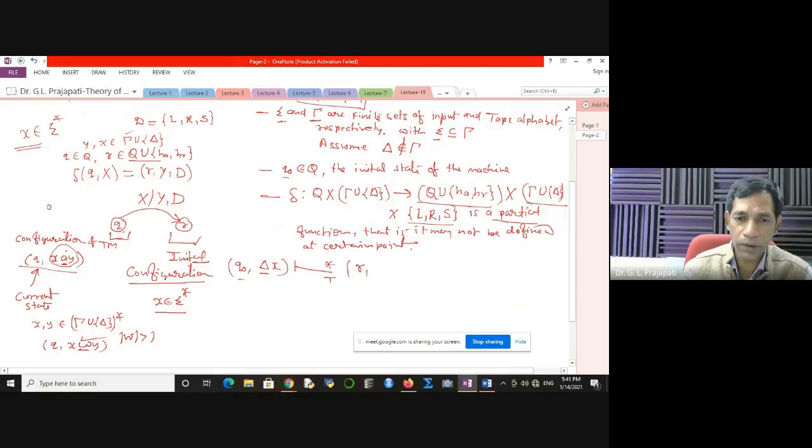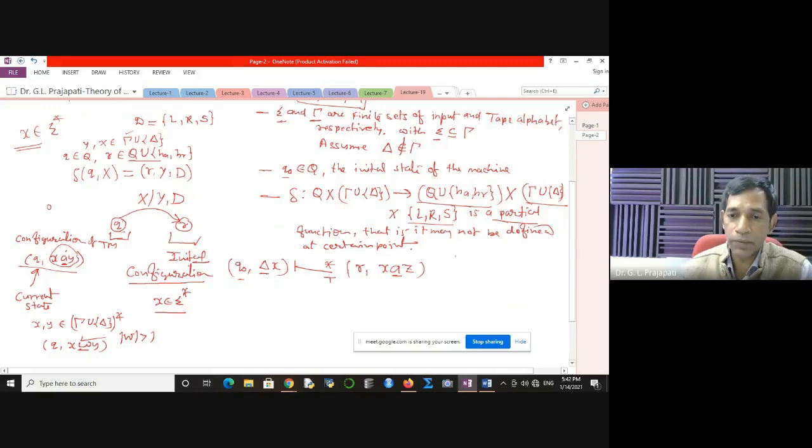Say r, x, y, and z. So your machine can go to this configuration. You can have y with length more than 1, or you just have a single symbol, for example a.